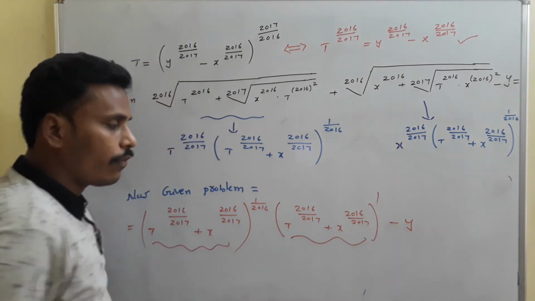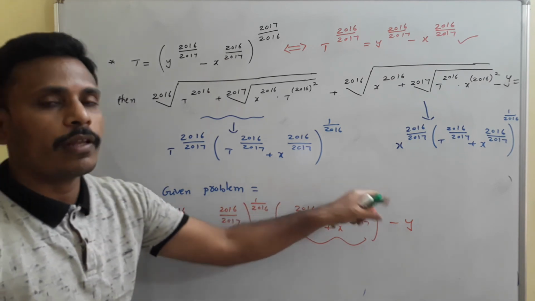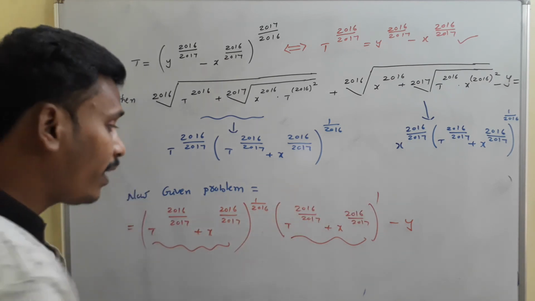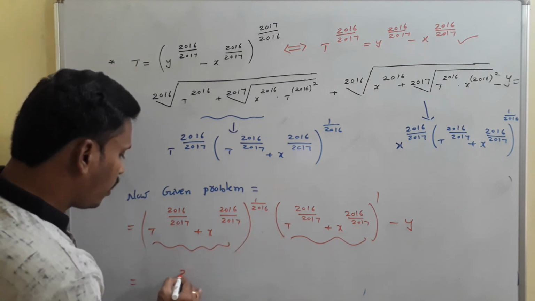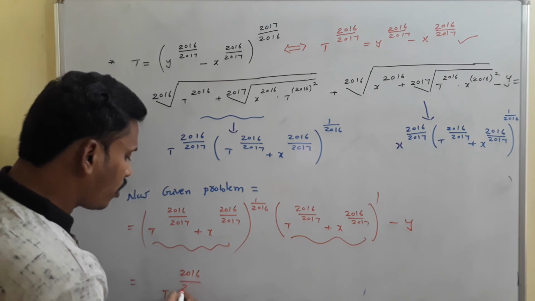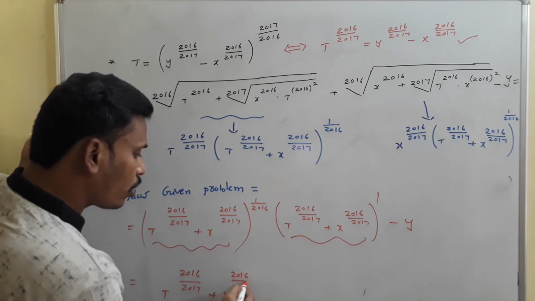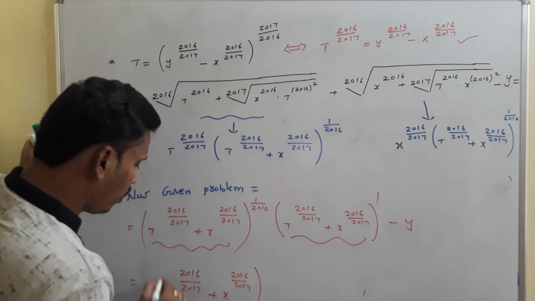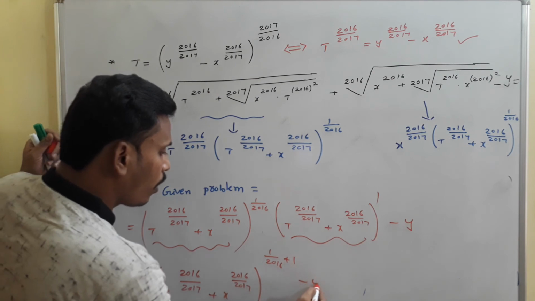So here we have power 1. Okay. So 1 by 2016 plus 1 is simply 2017 by 2016. So again there is a chance to rewrite it like this: t power 2016 by 2017 plus x power 2016 by 2017 whole power 1 by 2016 plus 1 minus y.